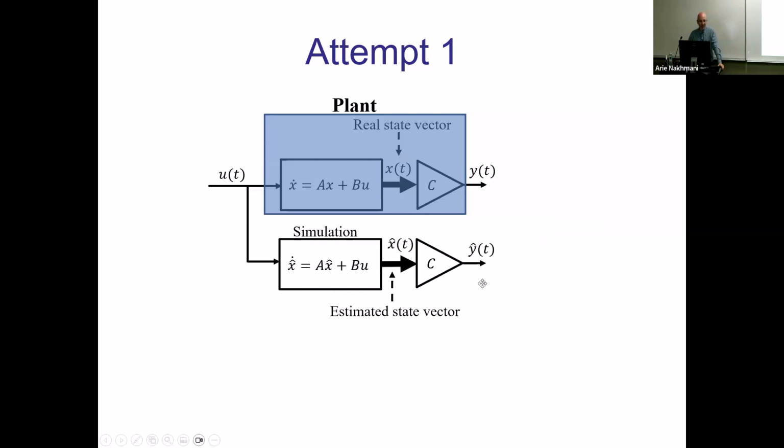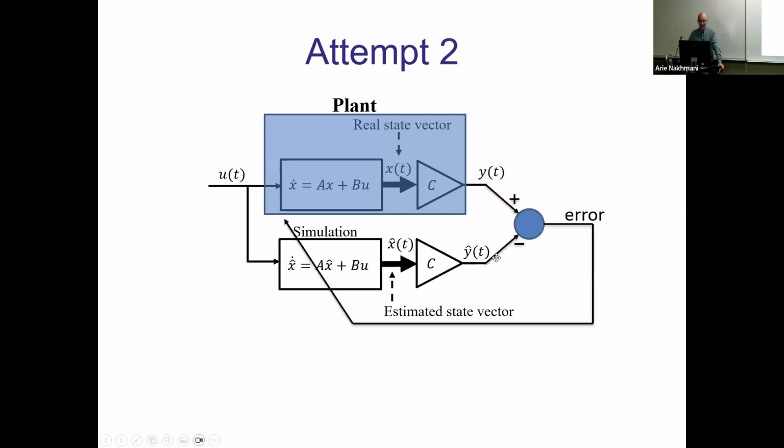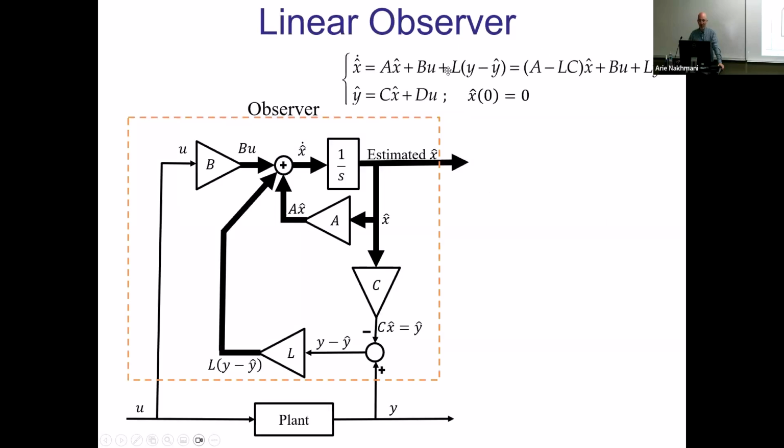And now we need to use that difference and multiply it by gain. So we're taking that error, multiplying it by gain and adding it to that equation. It will be that gain L times the difference, which is the error of the output. That's it. It's that simple.